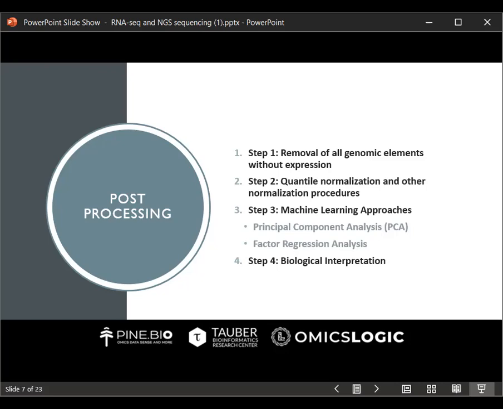The second step is quantile normalization and the other normalization procedures. The third one is machine learning approaches for exploratory analysis, like PCA and factor regression analysis. And the last and final step in the whole pipeline is the biological interpretation of the results that you just received from the exploratory analysis.